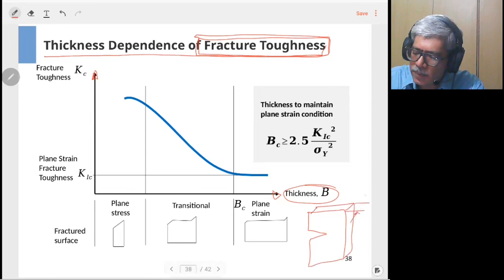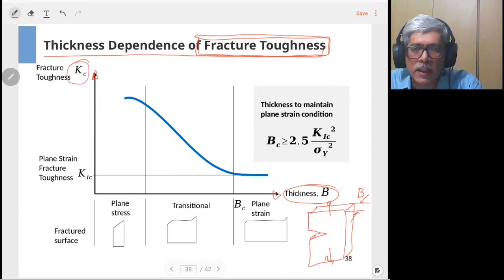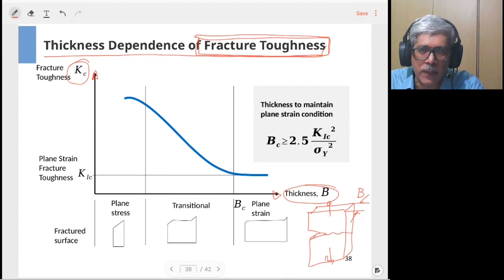It has some thickness B, and it is subjected to, for example, mode 1 testing. So you will be subjecting it to a pull in the opening direction. The stress intensity factor at which the crack becomes unstable, that is, the specimen fully breaks with unstable crack growth, determines the value of the fracture toughness.